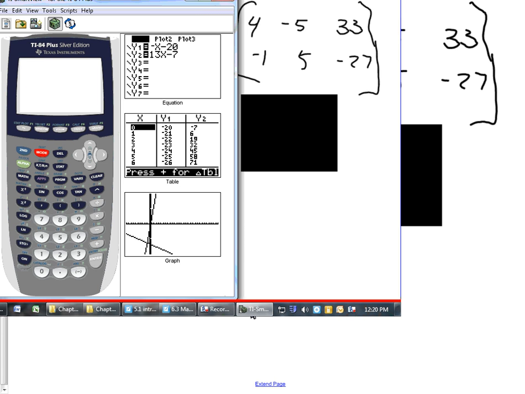It's under matrix again. And you go over to math. And I'm just going to arrow down until you see it here. It ends up being B, you're right, but if you arrow down enough, you'll get to rref. There it is. And that stands for Reduced Row Echelon Form.